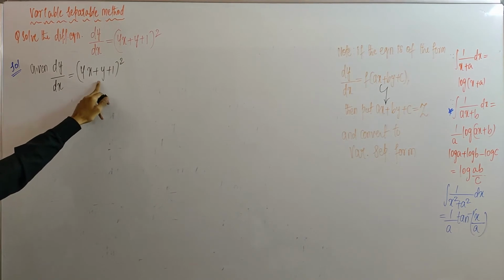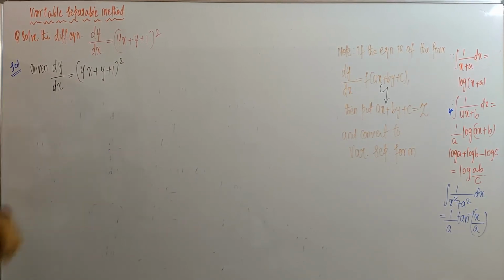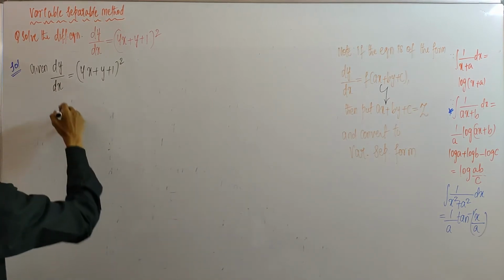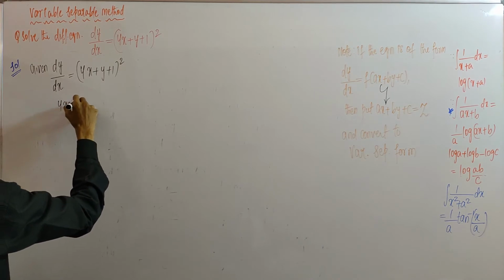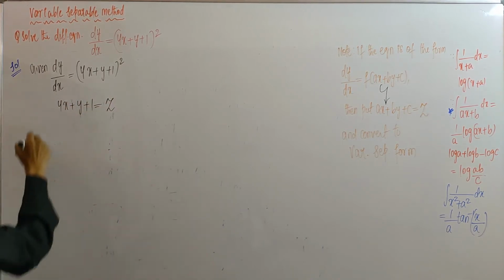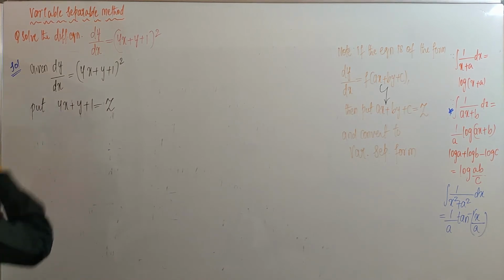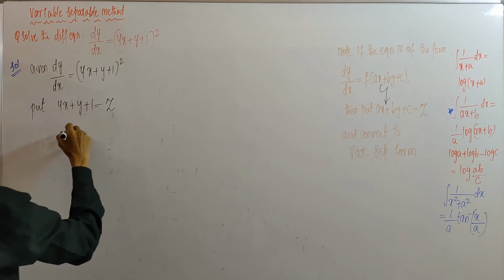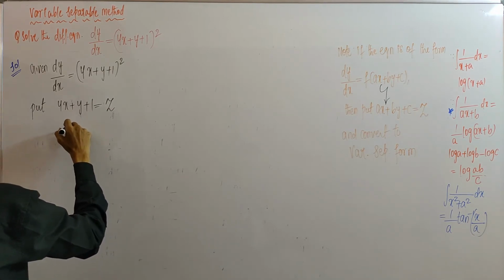So this is f of ax plus by plus c, that is a function of x and y. Now the procedure is taking this 4x plus y plus 1 as some dummy variable z.